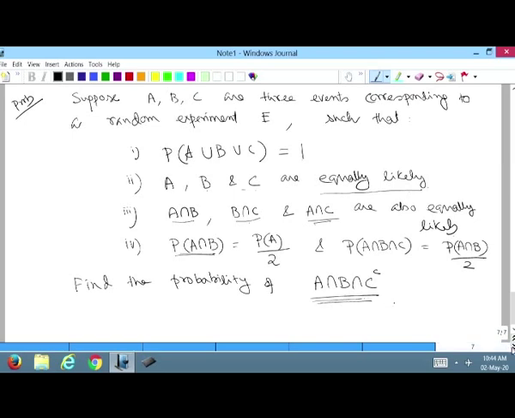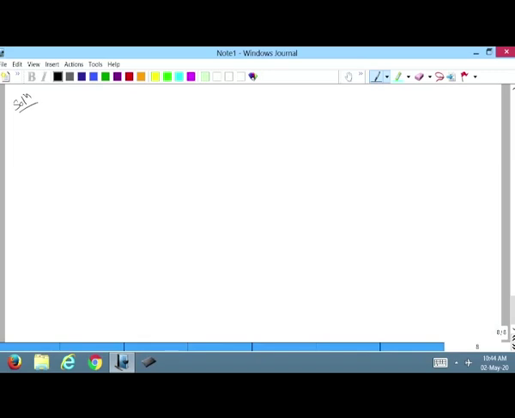So, we move as follows. Let probability of A be equal to x. Therefore, probability of B is equal to probability of C is equal to x.